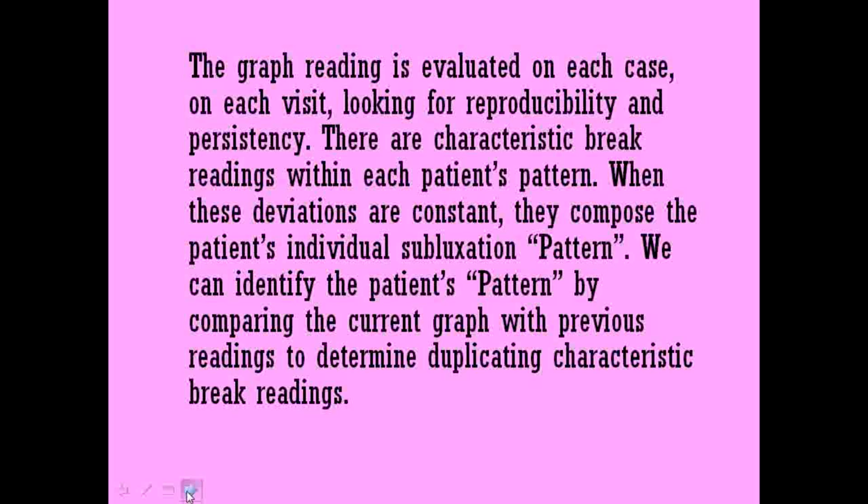The graph readings are evaluated on each case on each visit, looking for, again, reproducibility and persistency. So from visit to visit, we'll take a reading. Oftentimes, if the reading's all the way clear, we may not run another reading and we'll reschedule another appointment. If the reading is showing some constants, then we may have the person rest for 20 to 30 minutes to see if that reading will clear.